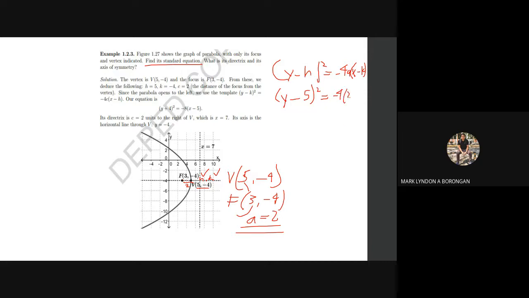For x, it is x minus k, and since k is negative, when you substitute it, it becomes positive. Now, simplify. Y minus 5 squared is equal to negative 4 times 2, which is negative 8, and then x plus 4.